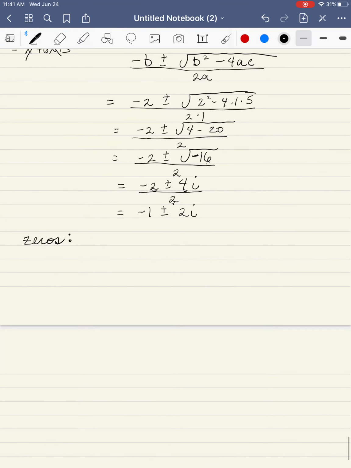So I have determined that my 3 zeros, because I had a cubic, were the one I started with here, negative 1, which was my only rational zero, and then negative 1 plus 2i and negative 1 minus 2i, which are 2 complex or imaginary zeros.